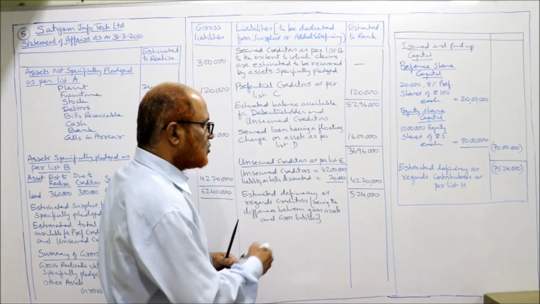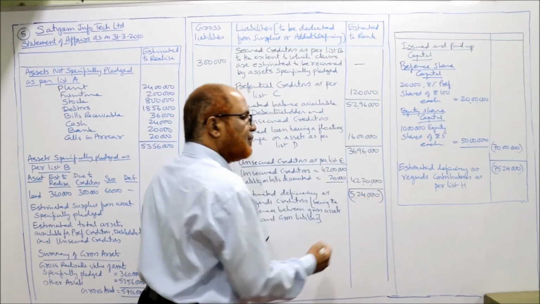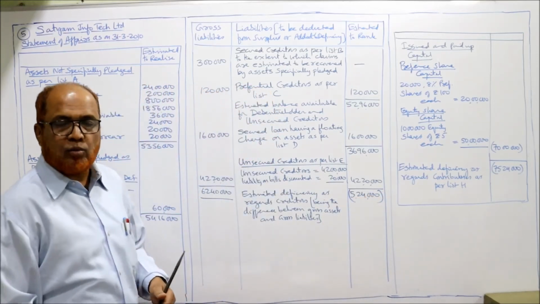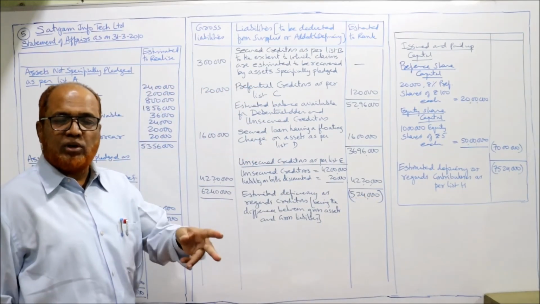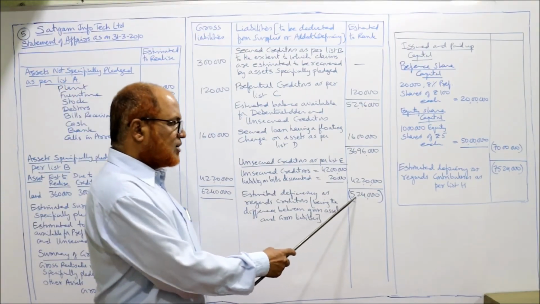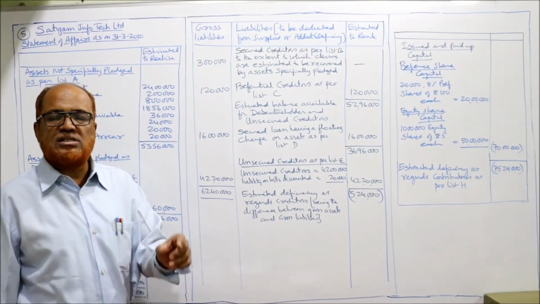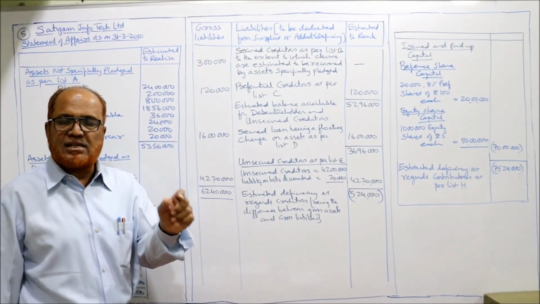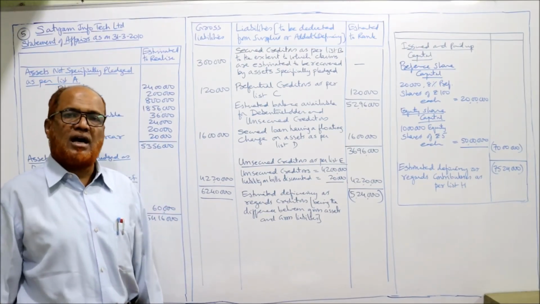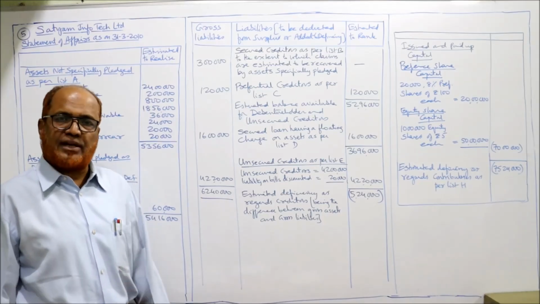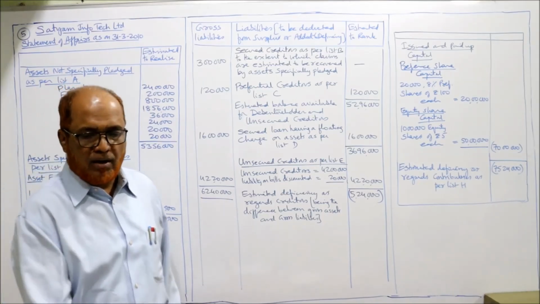First of all, we got a 5,24,000 deficiency here. Still we have to pay 70 lakh rupees to the shareholders. Now add both the deficiencies: 5,24,000 plus 70 lakh, you will get 75,24,000, the estimated deficiency as regards contributories as per list H. That's all. This is the end of problem number 5.